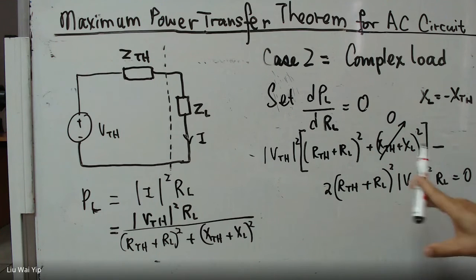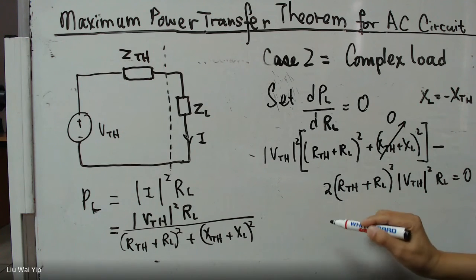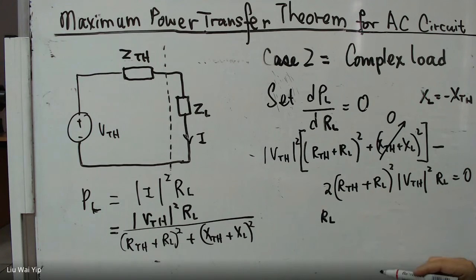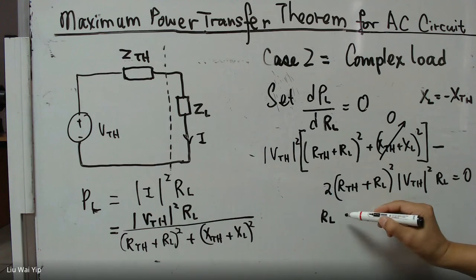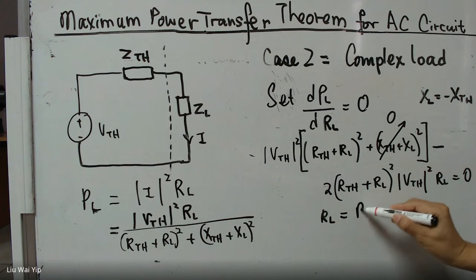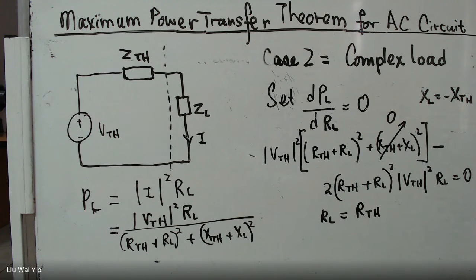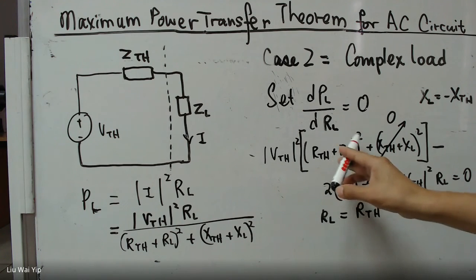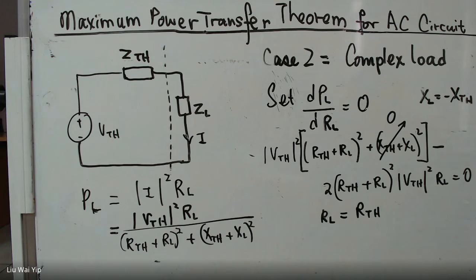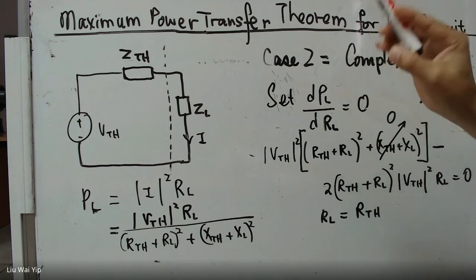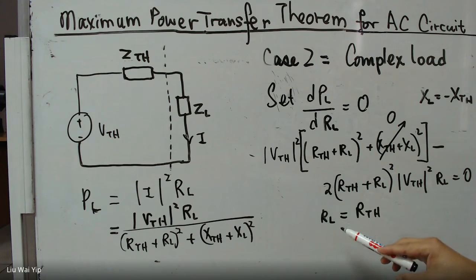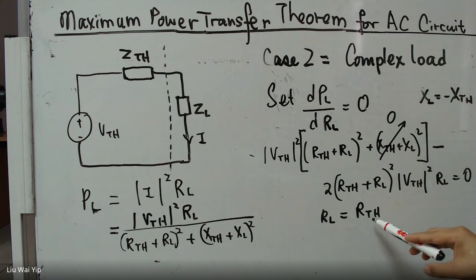And if we simplify this expression, what we will end up with here is RL being equal to RTH. So in order to attain maximum power transfer, the load impedance has to have a real part being equal to the real part of the Thevenin resistance.